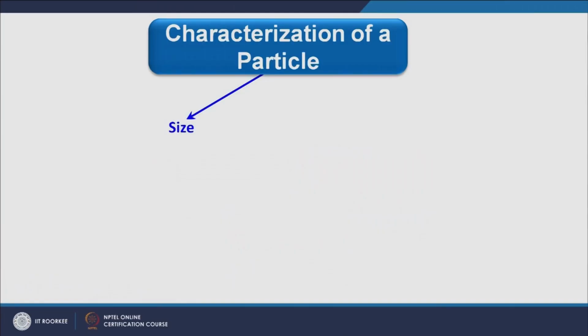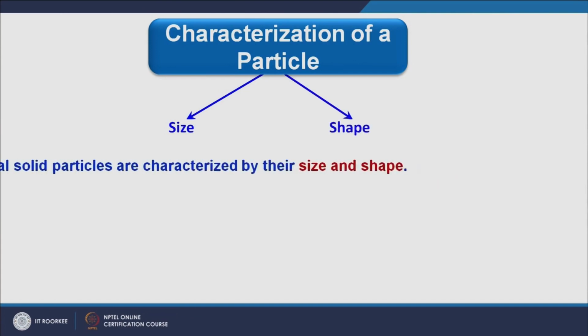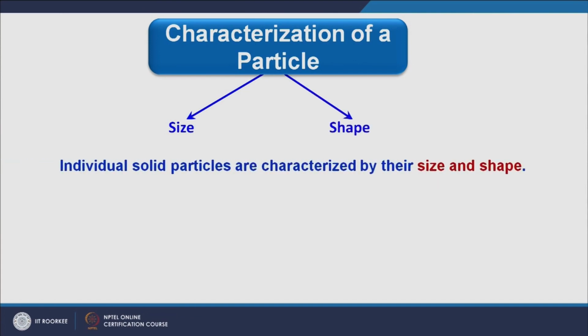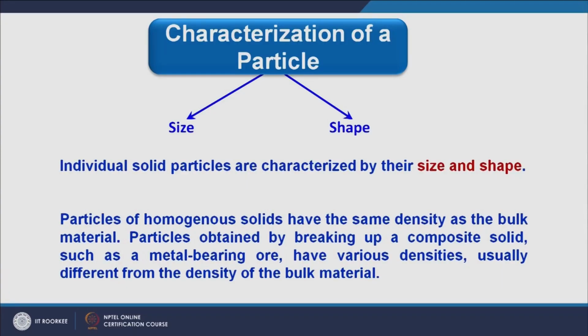First, we can characterize a particle by its size, and second, by its shape. So individual solid particles are characterized by their size and shape. Along with size and shape, there is another parameter which we call density, which is considered a characteristic parameter of a particle. Particles of a homogeneous solid have the same density as the bulk.